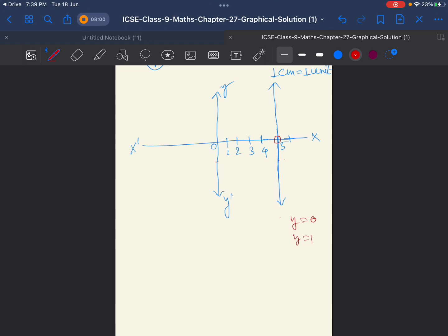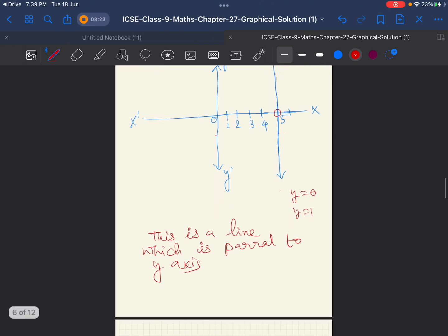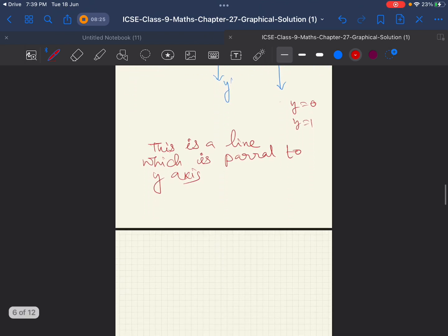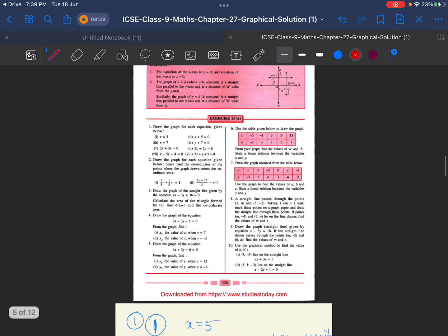This is the line which is parallel to y-axis in the positive direction of x-axis.